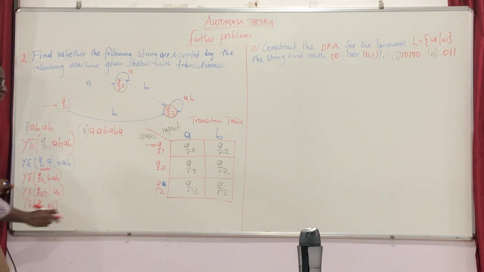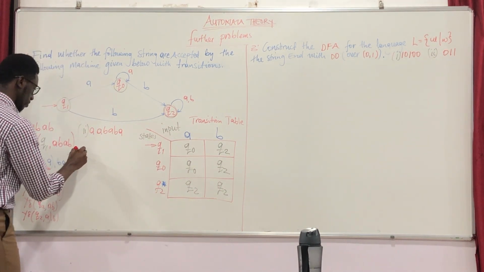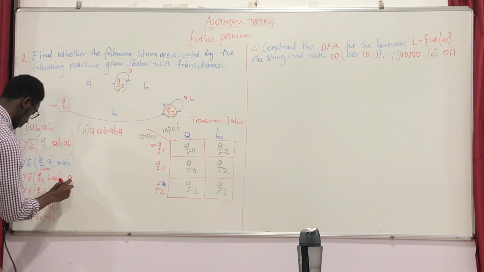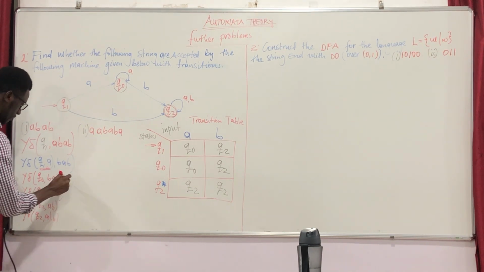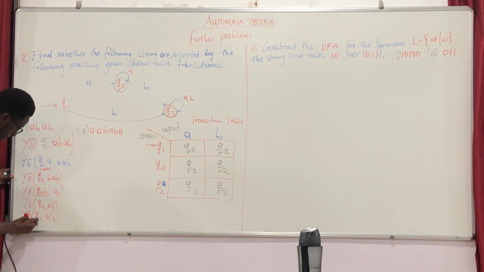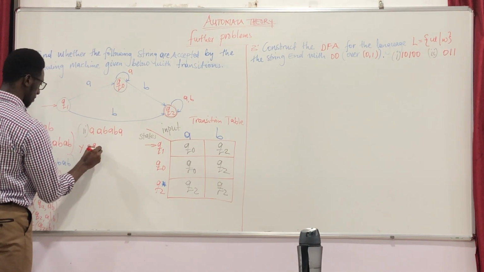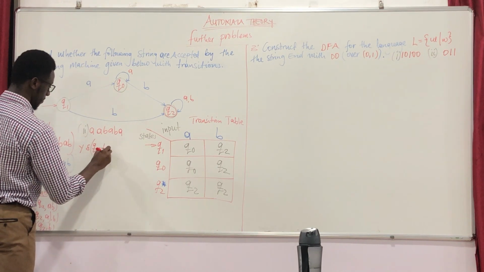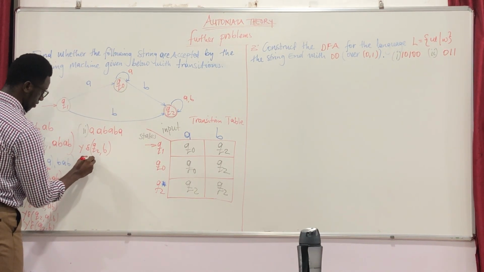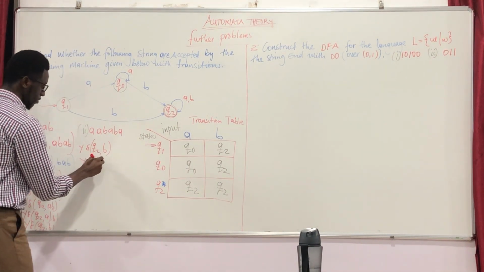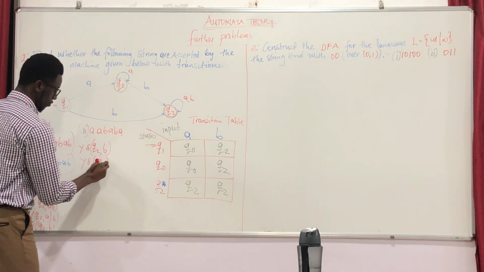Q2A is Q2, comma B. So Q2B now is what? Q2B is Q2.